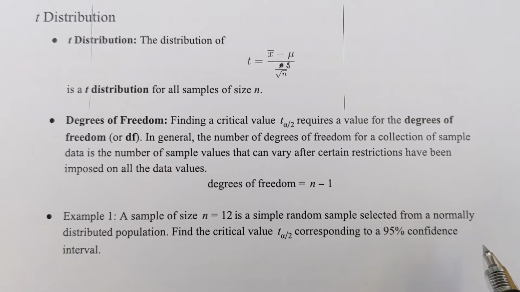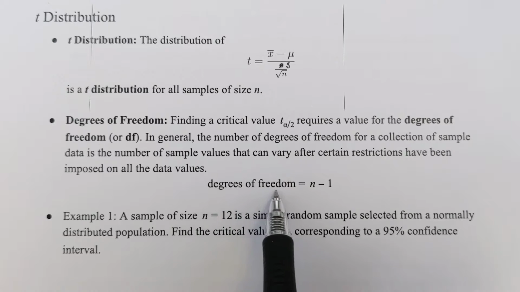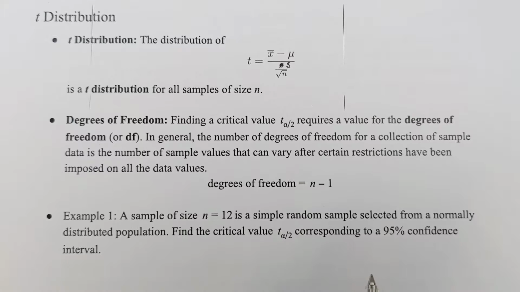But that 10th one has to be one specific value. So the degrees of freedom is how many can you randomly select before the last one must have a specific value. If I want my average to be 80, I can't put 10 random test scores in. I can put 9 random test scores in, but then I'd have to do some math to calculate what that 10th score would have to be in order to make my number come out to be the grade that I want.